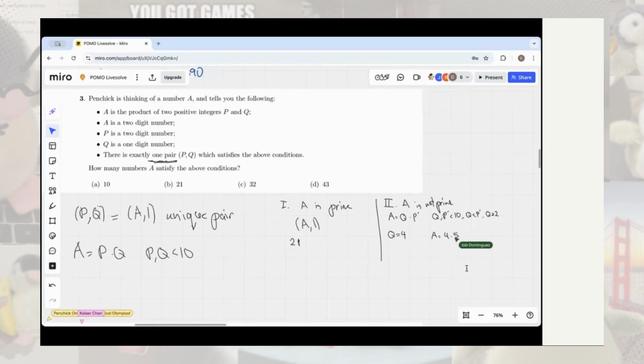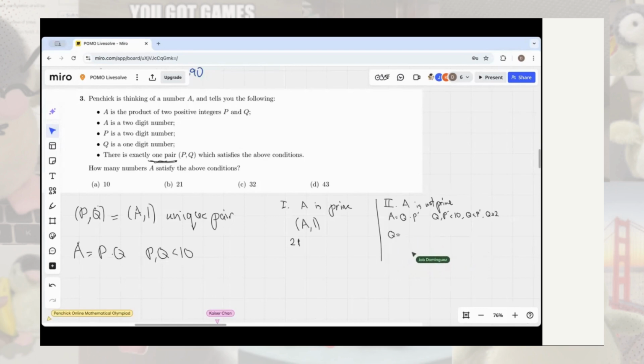There is still another pair, 2 times 10, which contradicts the case. So we don't have to check all Q from 1 to 10, but only the prime numbers, because we can still minimize Q. Now this problem becomes a counting problem, so we'll check Q being a prime number from 1 to 10.